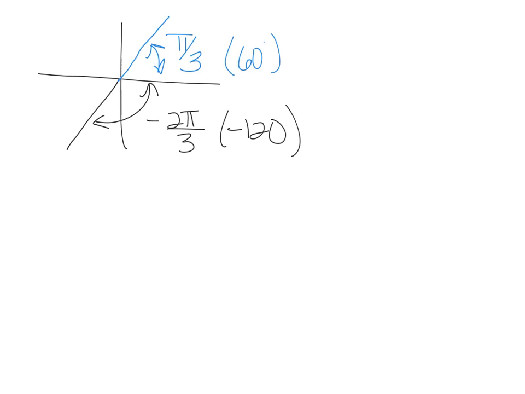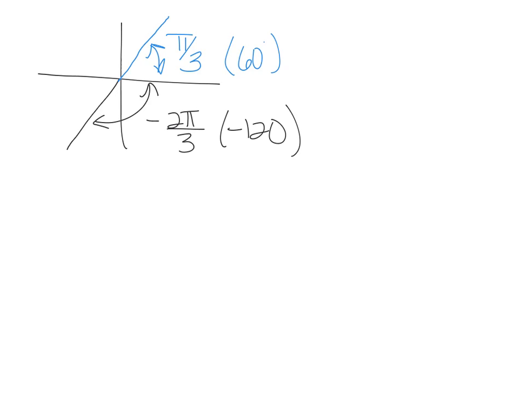Okay, so to continue on, we can say that because the terminal ray of the rotation for negative 2 pi over 3 is collinear, shares a line with the terminal ray for pi over 3. Guess what? Pi over 3 plus 2 pi over 3 equals pi, 180. Collinear.